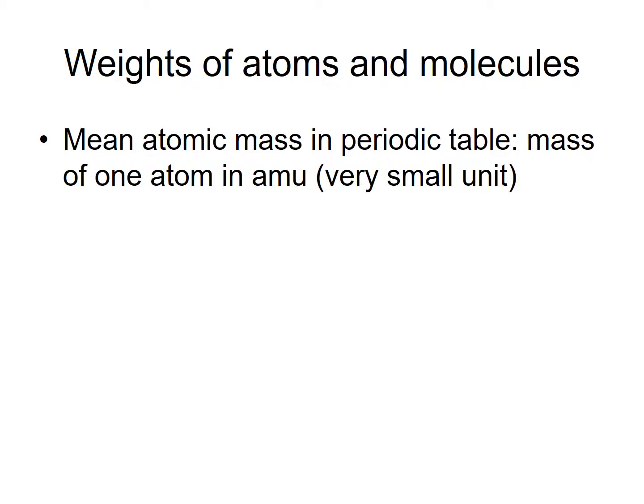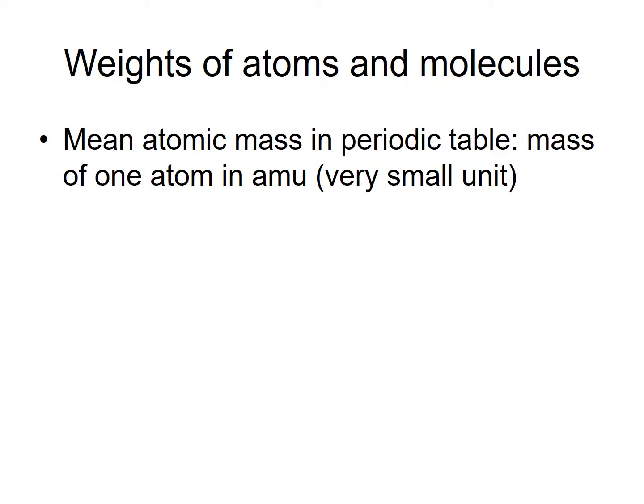The way we're going to introduce this is quite simple. We find the mass of a molecule simply by adding up the masses of the atoms contained in it. The masses are expressed in terms of atomic mass units, which is a very small unit.